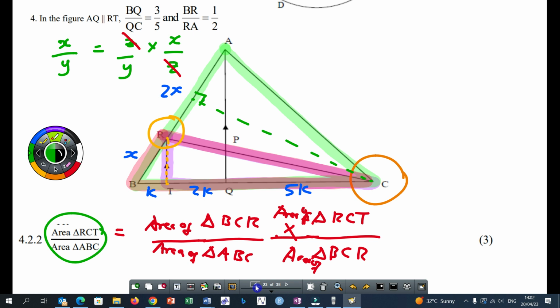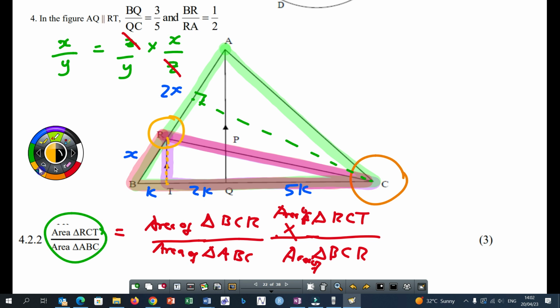If they share a common vertex and have a common height, the ratio of their areas will equal the ratio of their bases.